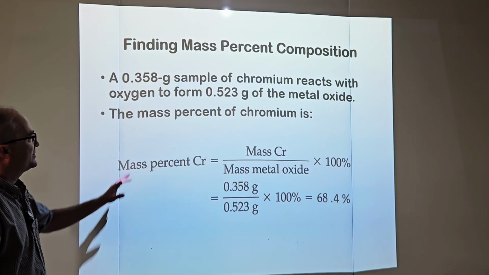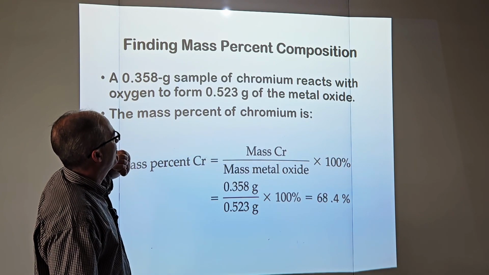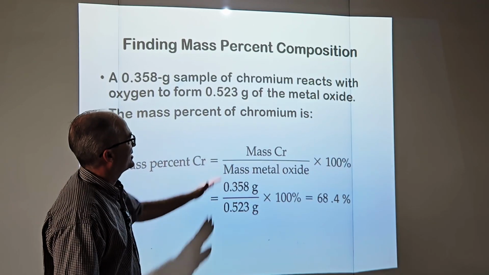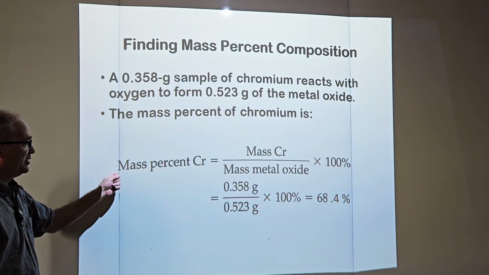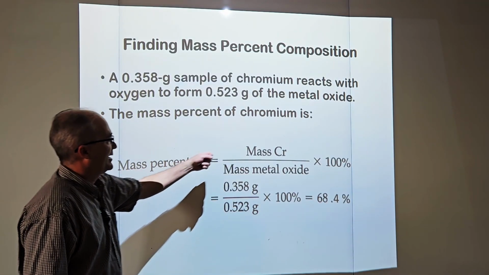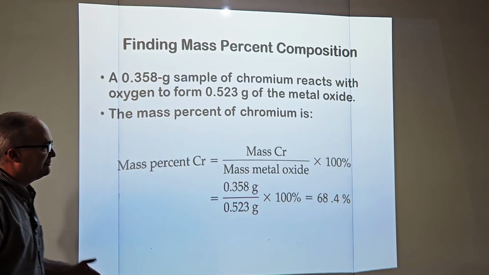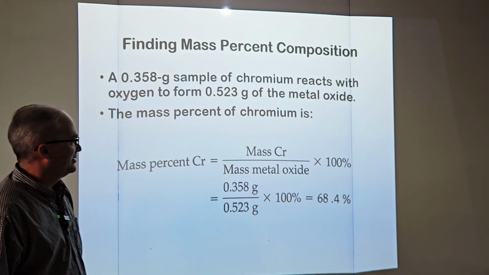And we did that with some experimental data. Started out with a given mass of chromium metal, allowed it to react with some oxygen, got the mass of product. And this is our definition of mass percent. Mass of chromium, per mass of the compound. That's a fraction. We like to deal with a percent, times by 100.